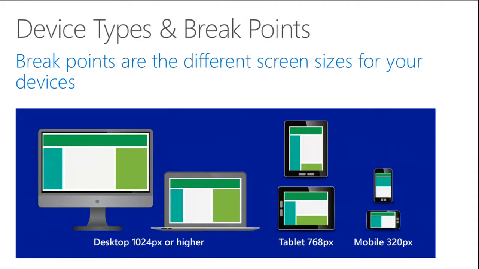The next one is a tablet breakpoint, which is 768 or lower, down to the mobile breakpoint, which is a 320px resolution. So I identify the three primary breakpoints, and that's how I start working my SharePoint design. It helps for a number of reasons, which we'll go through as we move on.